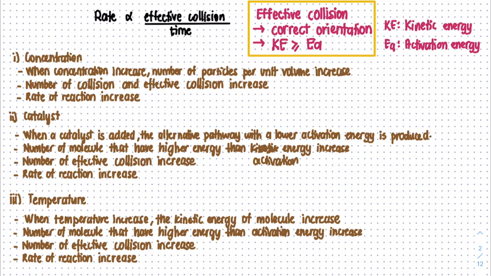Hence, the number of effective collisions increases. Okay, remember, because we want the kinetic energy to be higher than EA, hence it is effective collision. When effective collision increases, rate of reaction also increases.